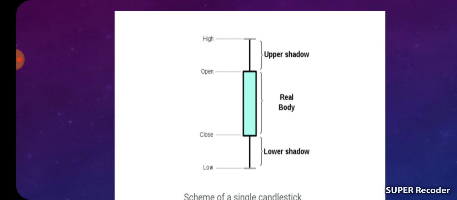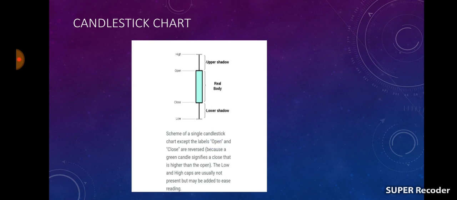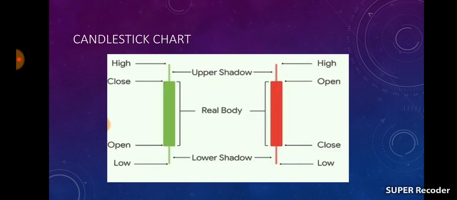The bottom of the lower shadow is the lowest price and the top of the upper shadow is the high price. The opening price and closing price can be understood by using the color of the real body. The real body's color may be black and white, or green and red.